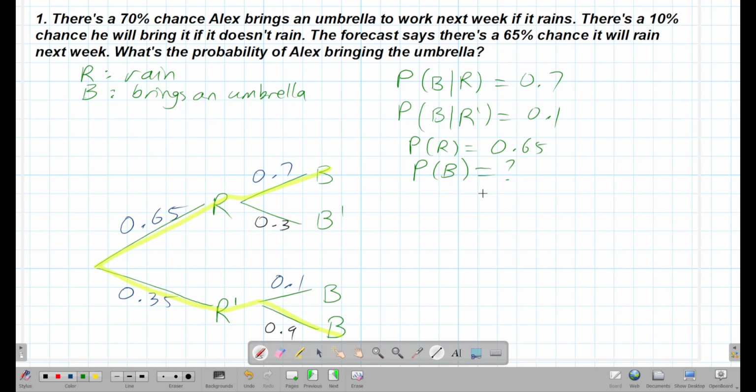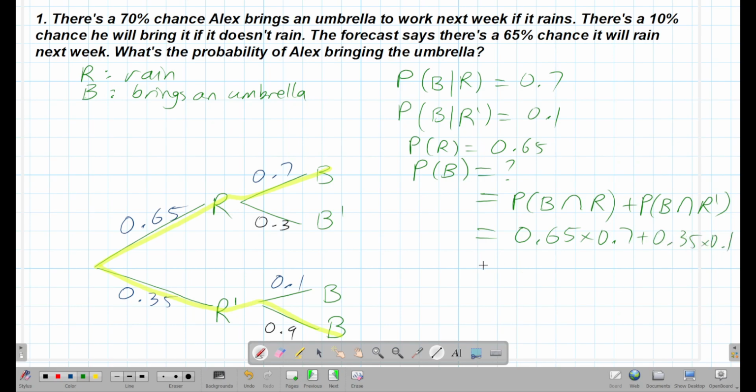So this is going to be equal to probability of B and R, sorry, B and R. That's the top path. And we add to this the probability of B and not R. And these are pretty simple to calculate. We just multiply some probabilities. So 0.65 times 0.7, and then we add to this 0.35 times 0.1.